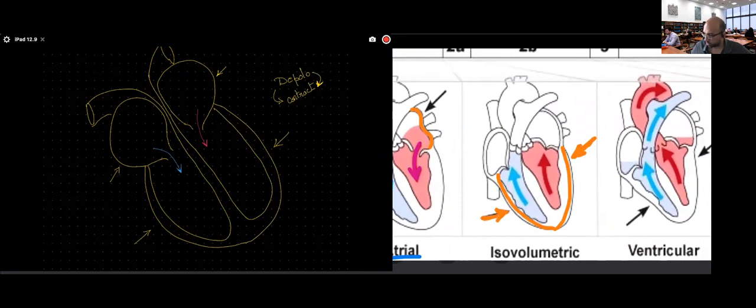When I contract the ventricles, if you remember, what's going to happen to the volume? What's going to happen to the volume of the ventricles as they contract? I have a reduction in my volume, right?